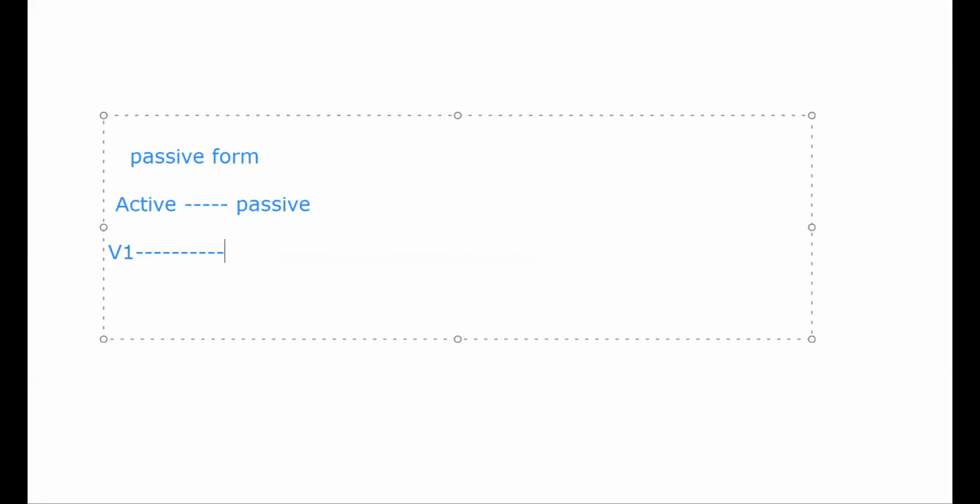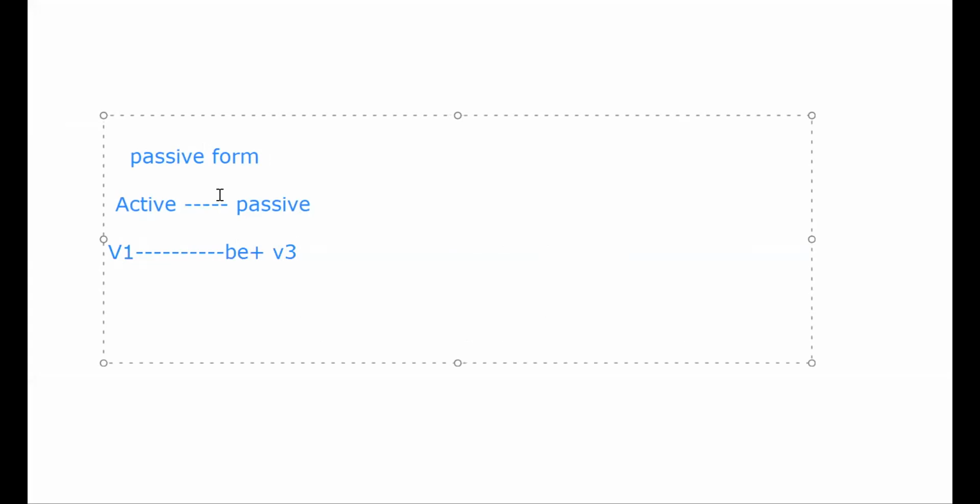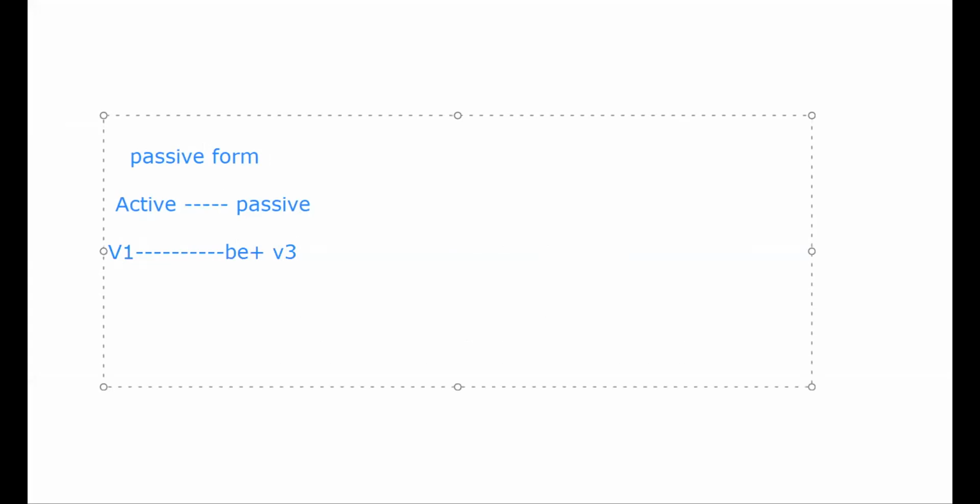Passive, it becomes BE plus V3 form. Okay. If I have the V2 form, passive is B form plus V3 form. Passive means B plus V3 form. If you remember, yesterday I was talking about this.